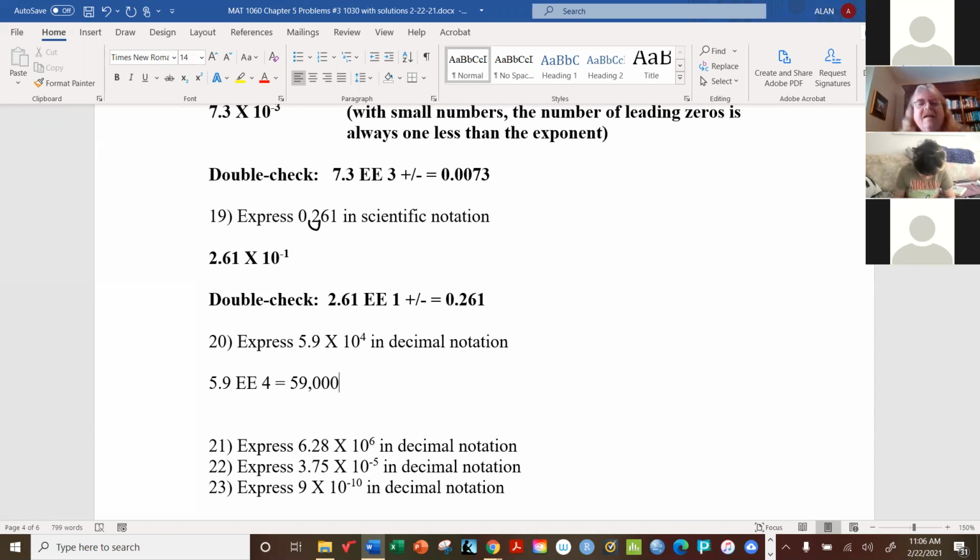And if you wanted to try it a different way, what you could do is shift the decimal to the right until you get 59,000. It took 4 places. And that's your double check.